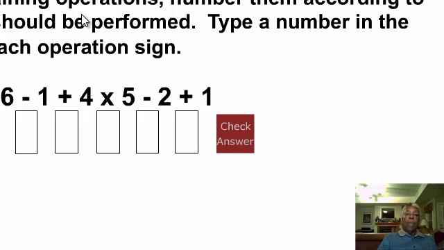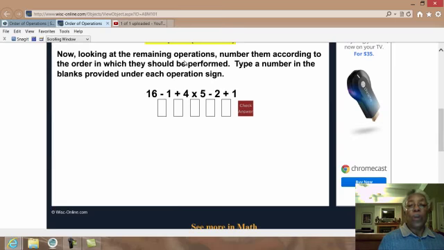Now, looking at the remaining operations, number them according to the order in which they should be performed. Type a number in the blanks provided under each operation, and then check your answer. Let's see. So what are we going to have first? We're going to have what?